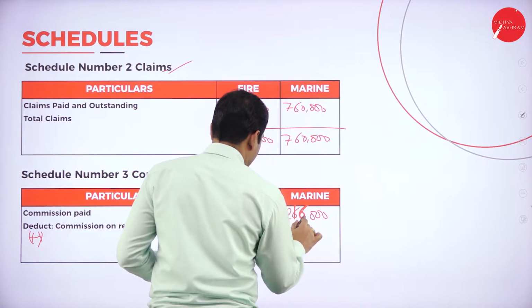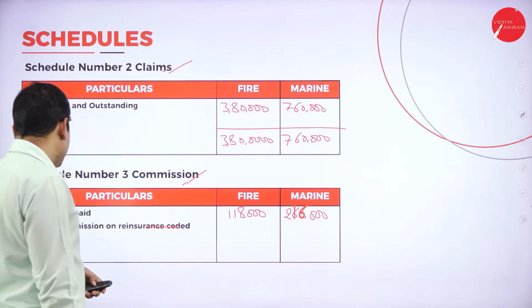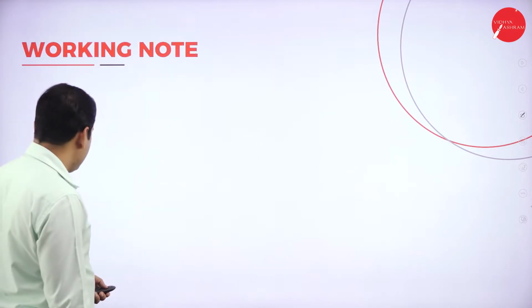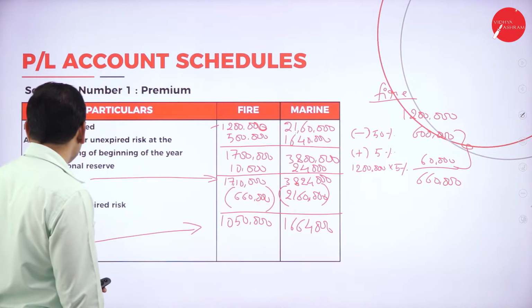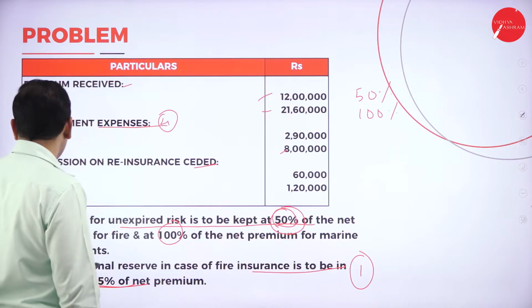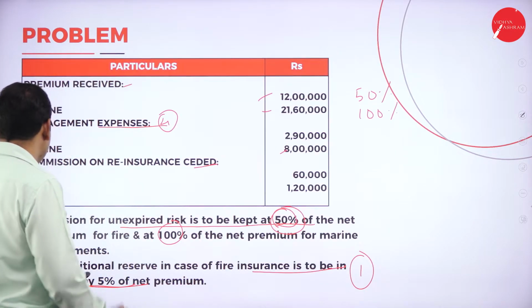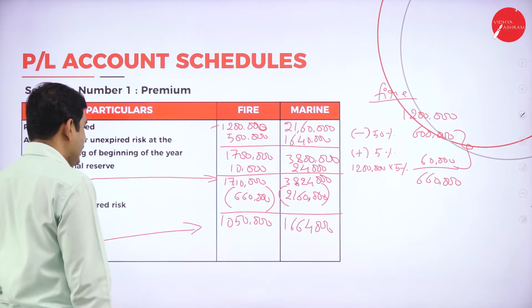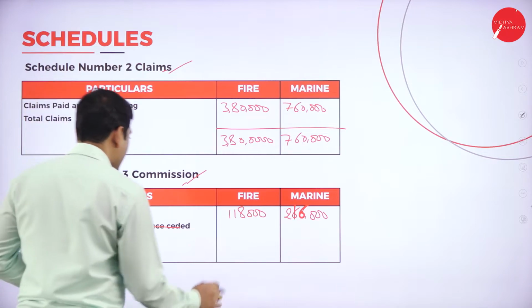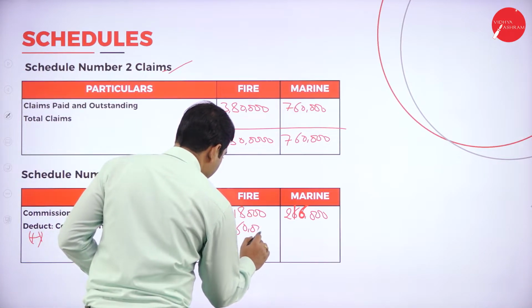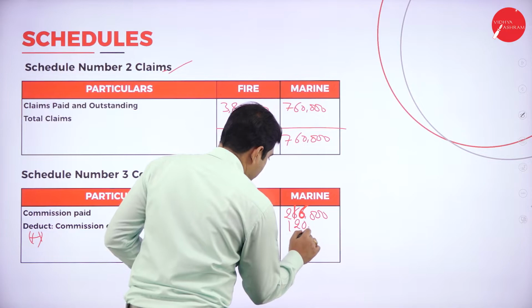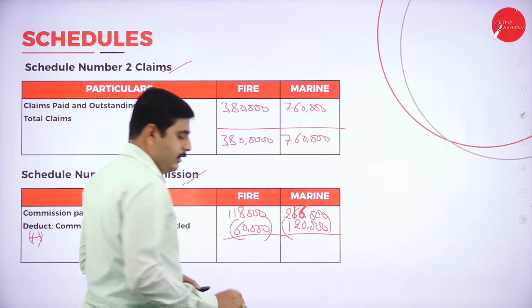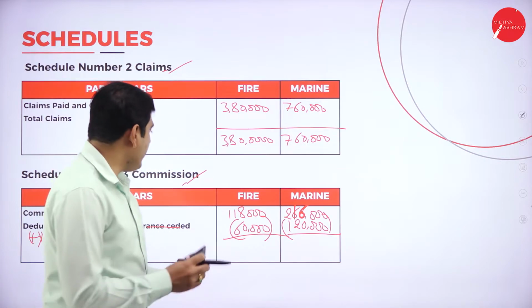Next one, deduct commission on reinsurance ceded. If it is accepted, we should add it. If it is ceded, we should deduct it. Commission on reinsurance ceded is 60,000 for fire insurance and 1 lakh 20,000 for marine. Deduct this amount. The remainder is the actual commission payable.